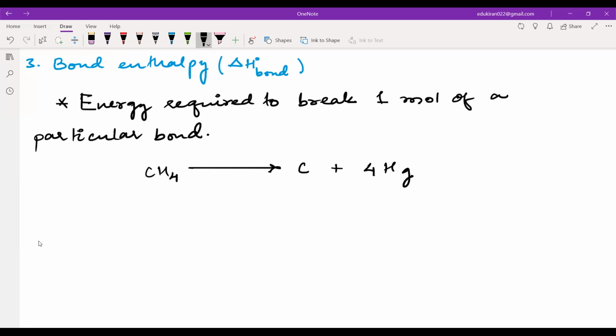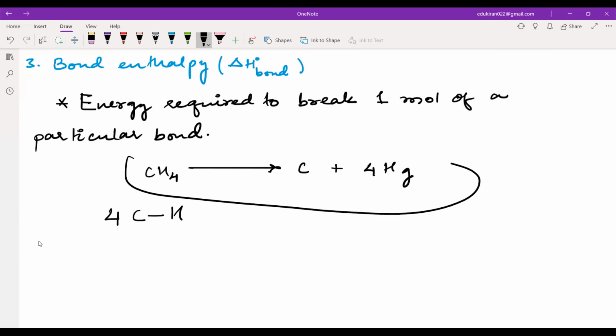But is this the bond enthalpy? No, because here we are breaking the C-H bond, and in 1 molecule of CH4 there are 4 C-H bonds. So we are breaking 4 moles of C-H bonds. So this is not the corresponding equation for bond enthalpy.